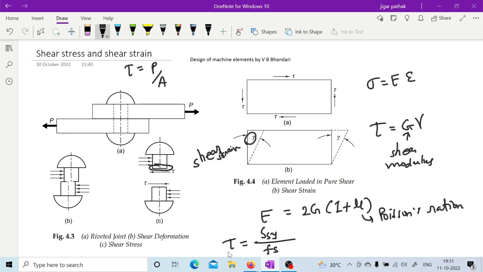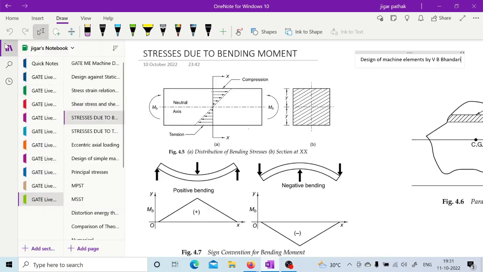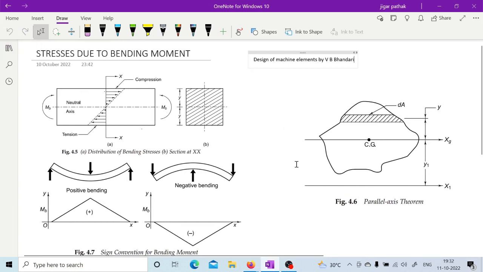So this is the maximum allowable stress, which can be calculated from the failure stress and factor of safety.